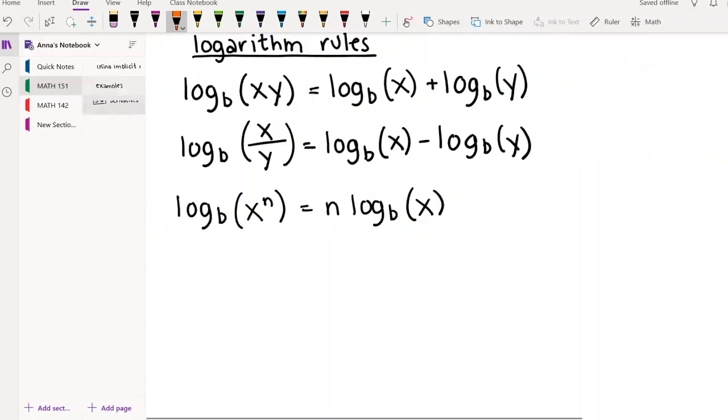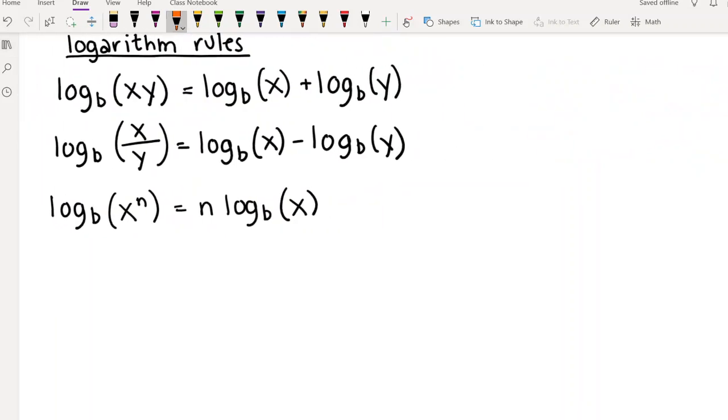And going back to our logarithm rules, there's no rule telling you that a logarithm of two things being added up can be split up. And in fact, that is very much not true. I'll write it down here. It is not true that the logarithm of x plus y is equal to this.